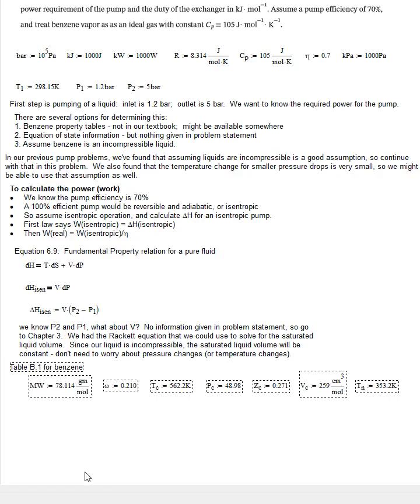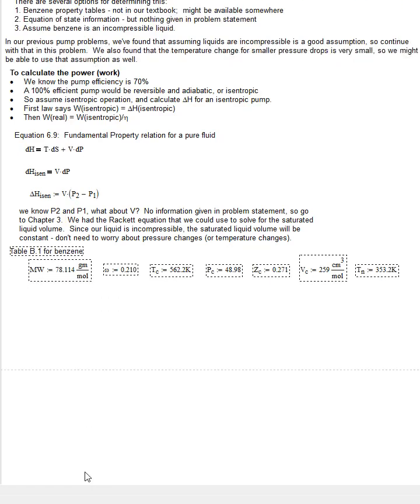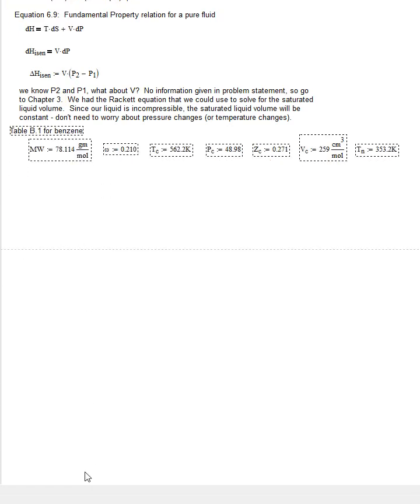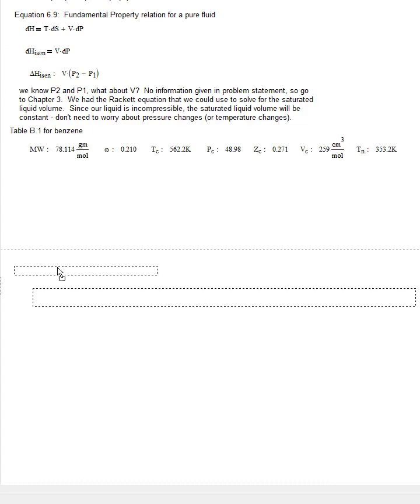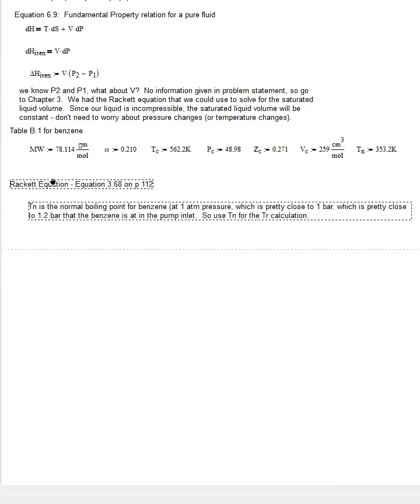First thing we need to do is look up all the critical constants for benzene. There are the critical constants. We then have the Rackett equation, which is equation 3.68 on page 112, if you're following along in your book.